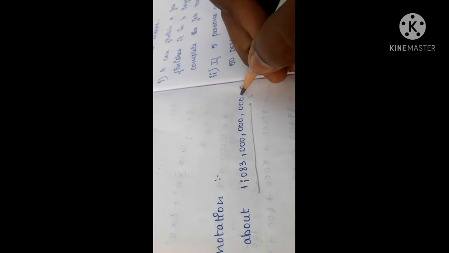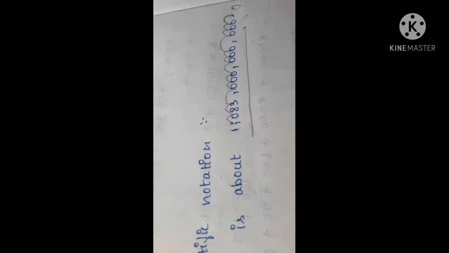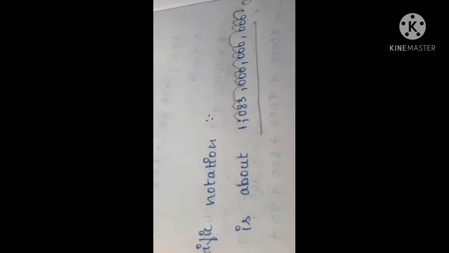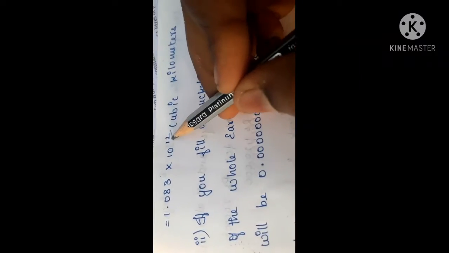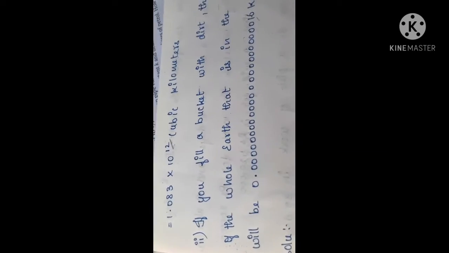Previously the point should be here, so now you should move the point. 1, 2, 3, 4, 5, 6, 7, 8, 9, 10, 11, 12. So 12 times you should move the point to get the point after 1. We have moved the point from left to right, so you should put the power in positive. 1.083 into 10 power 12 cubic kilometers.